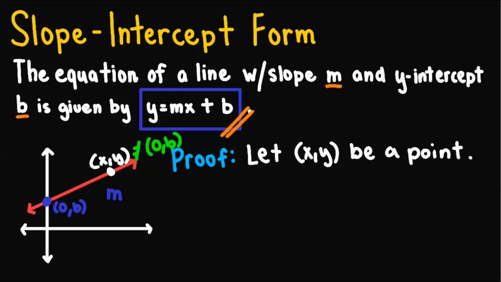So given that, by slope formula, we know that m is equal to the change in y over the change in x. Using our given points, we can set this to be x sub 1, this to be y sub 1, this to be x sub 2, and this to be y sub 2.